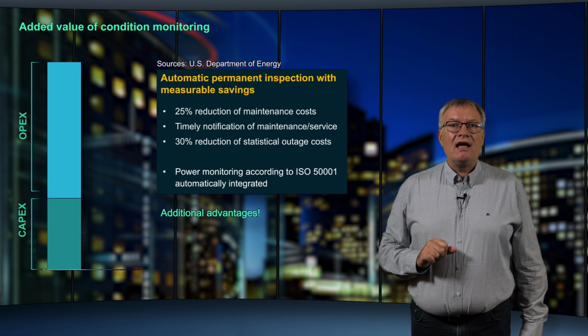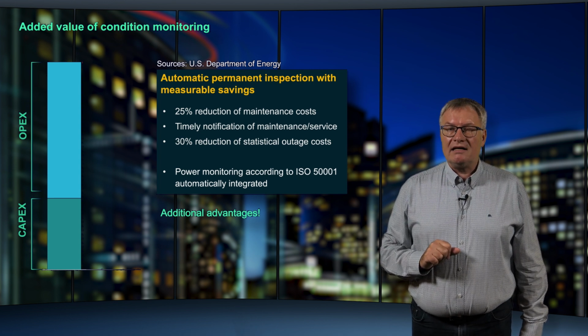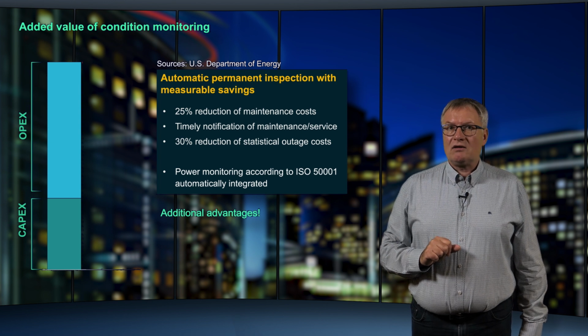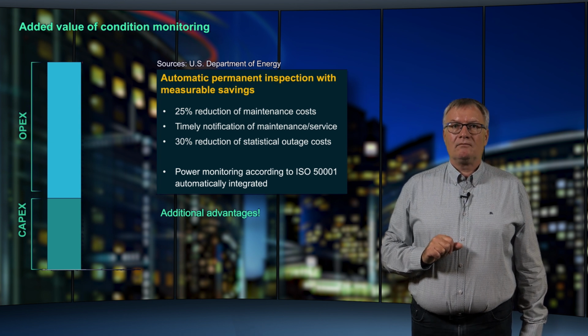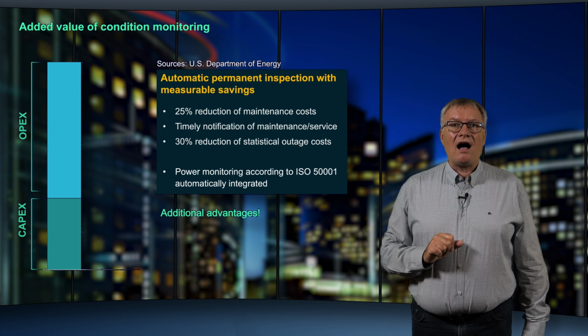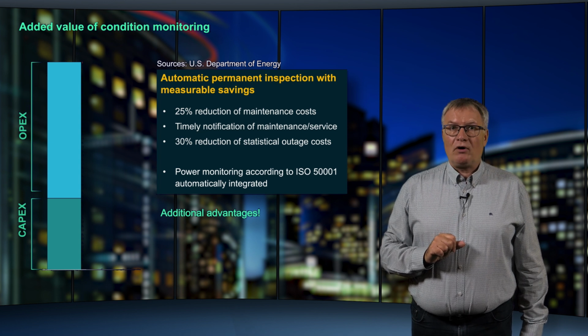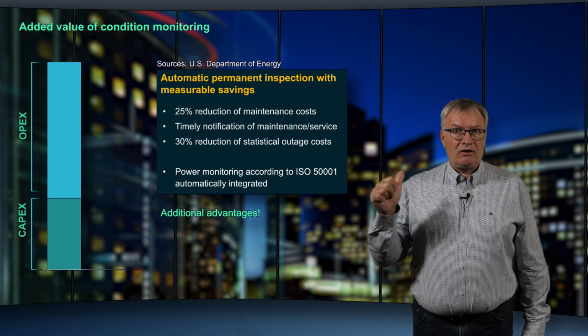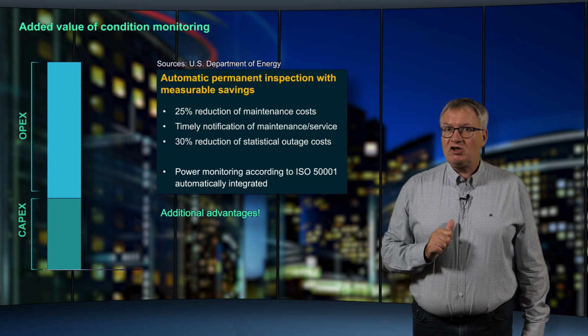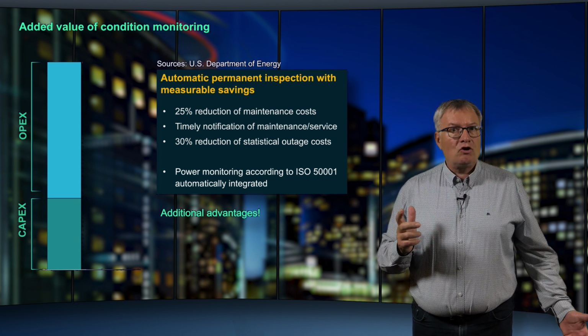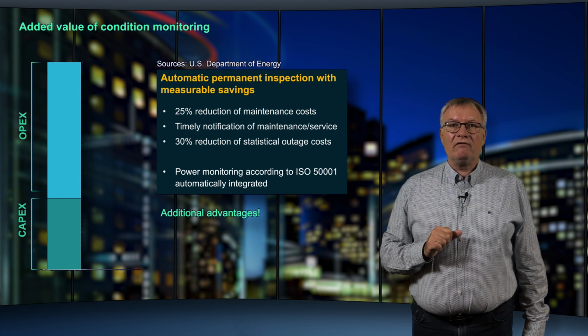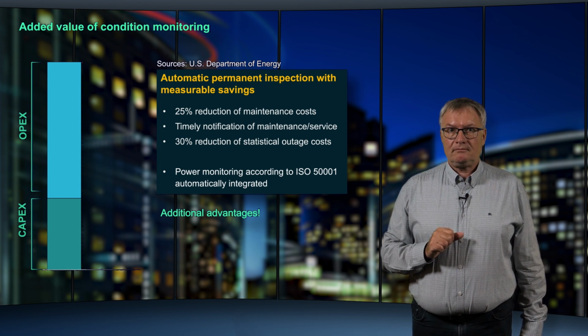In addition, energy monitoring according to ISO 50001 is automatically integrated. Further advantages are the prevention of possible damage to the company's image, a transparent and future-proof energy supply, and who knows what additional value the collected data will have in the future.